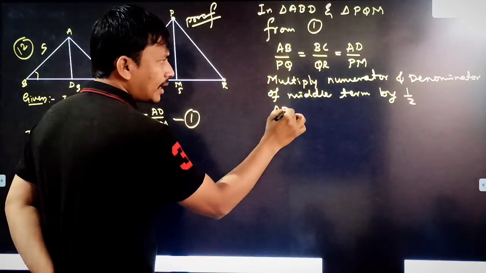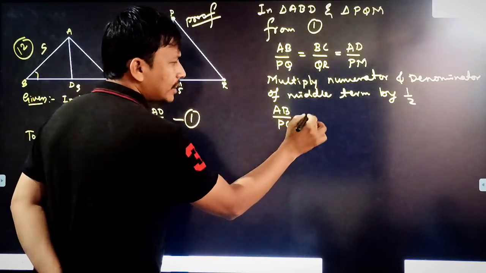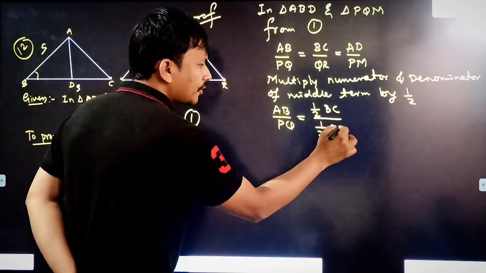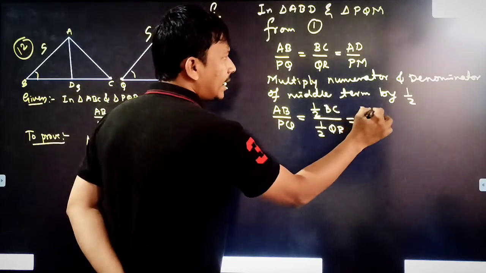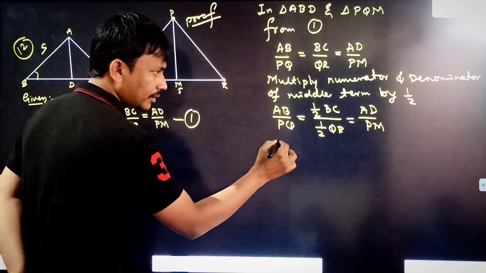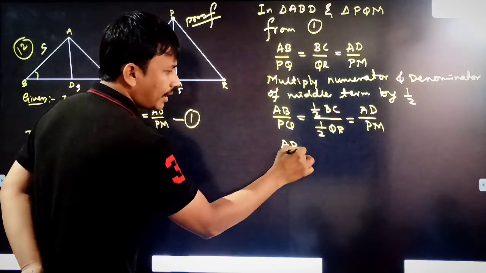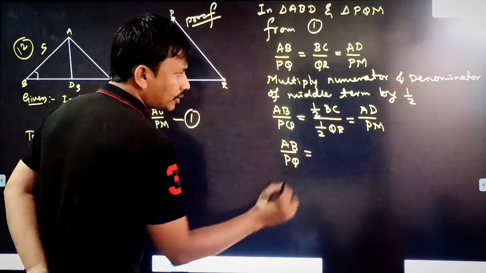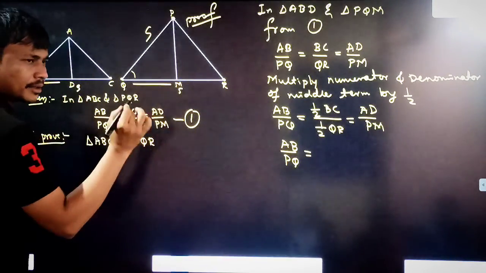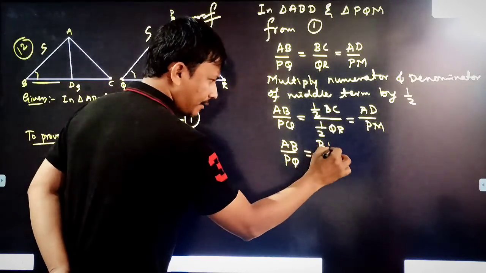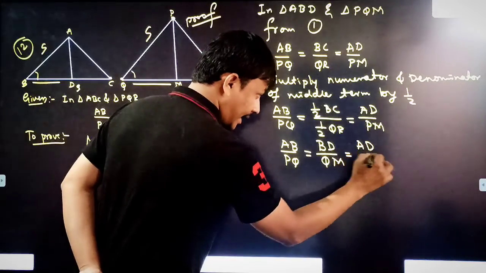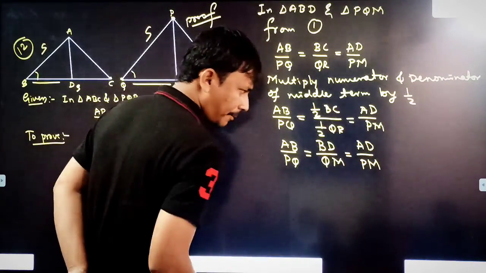Then AB divided by PQ is equal to half of BC divided by half of QR, which is BD divided by QM, is equal to AD divided by PM.